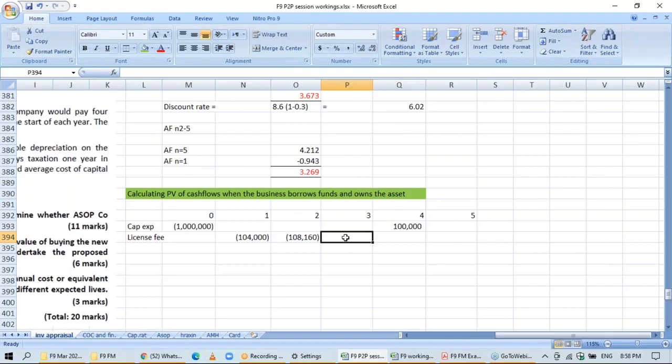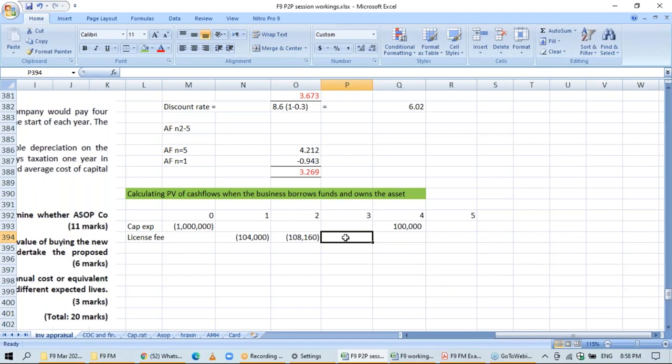You are going to use differential cash flows. Differential means only those cash flows which are different in leasing and in buying the asset, right? So only those cash flows will be covered which are different in both situations. Over there was no licensing payment, but the licensing payment will occur in this case of owning the asset.